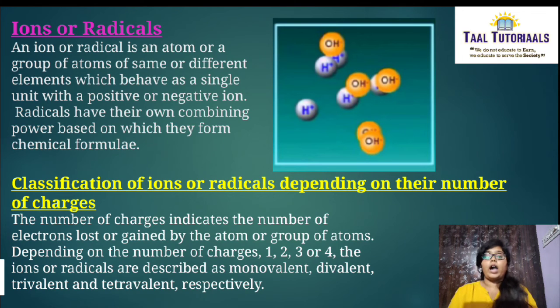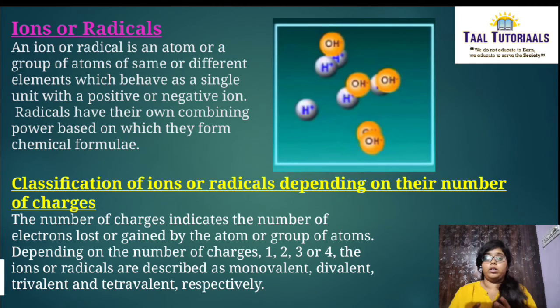Next, ions or radicals. An ion or radical is an atom or a group of atoms, of the same or different elements, which behave as a single unit. See, it is an atom or a group of atoms, but they behave as a single unit with either a positive or a negative charge. Here in the picture you see examples, either H plus or OH minus.